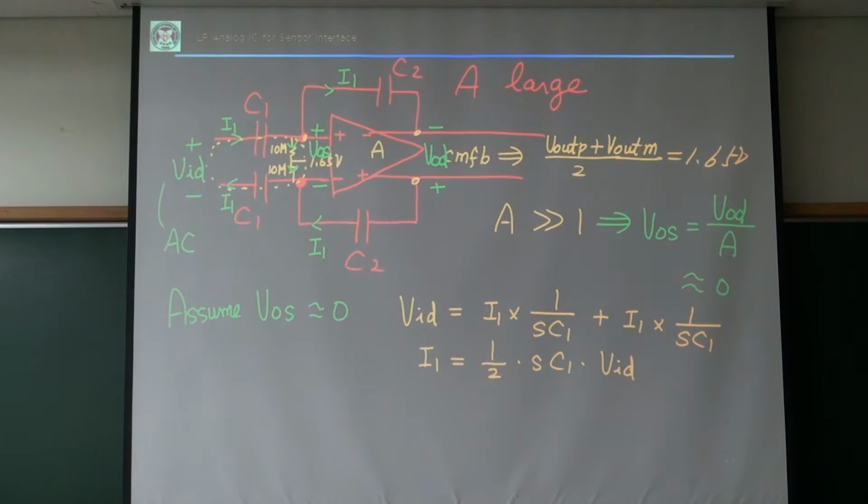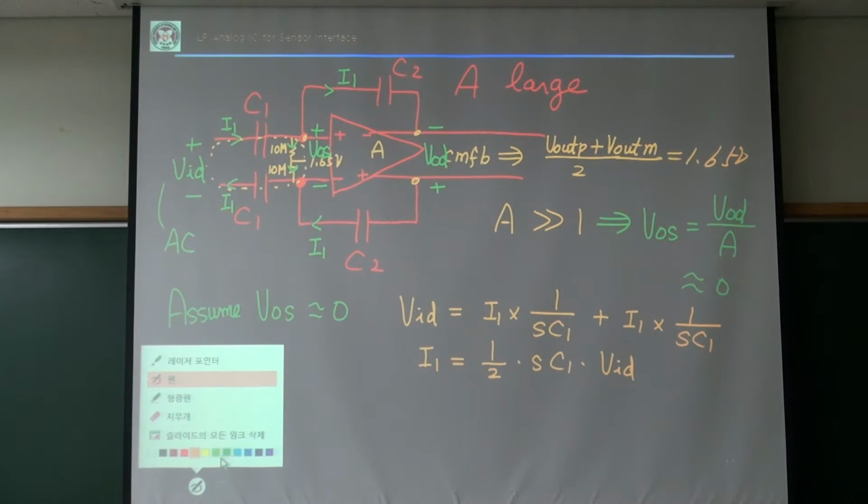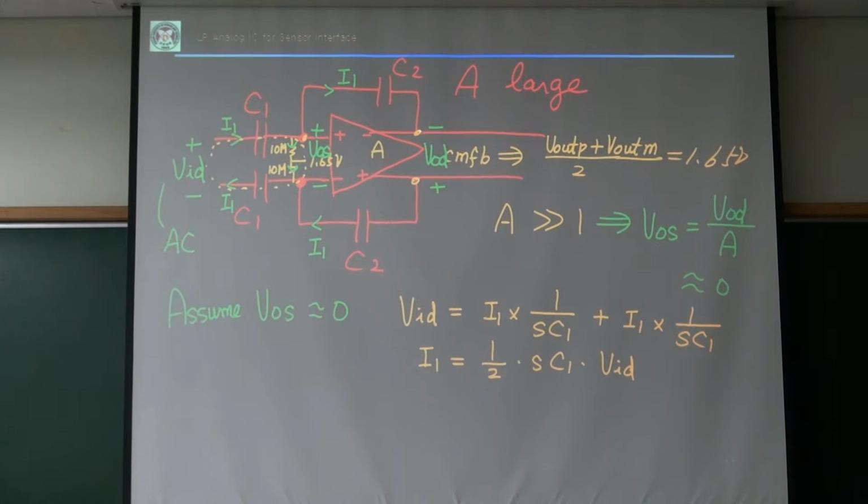Then I apply KVL around the outer loop. My output VOD is sC2 I1 minus VOS.